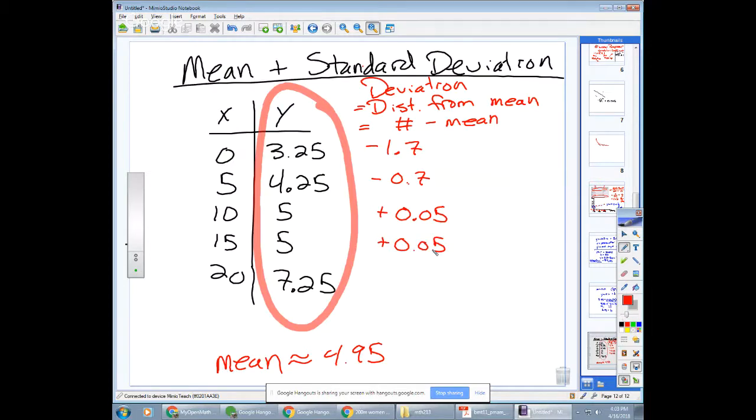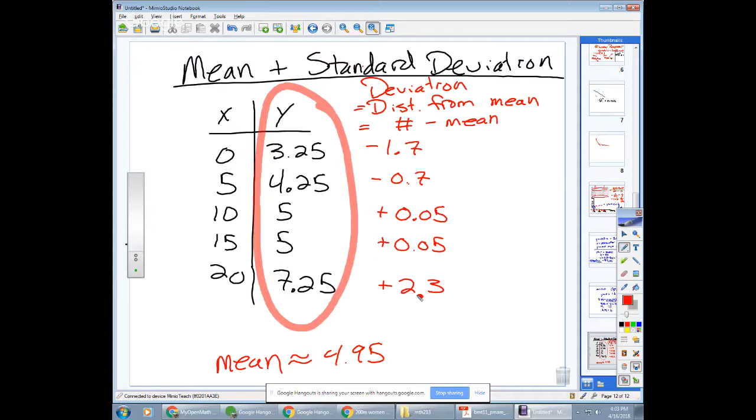And then 7 is above average. So what's that one? 2 point something, 0.3. So those numbers are what we call the deviations, how far each number is from average.